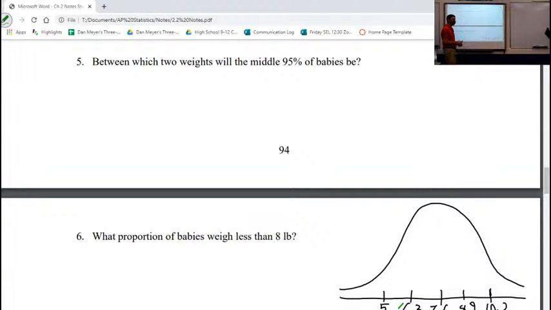It should be between 7.6 and 8.9, yes? Is it closer to the 7.6 or the 8.9? Should be closer to 7.6. So let's go around here. That's about where 8 is. And we want to shade in which direction? Left.